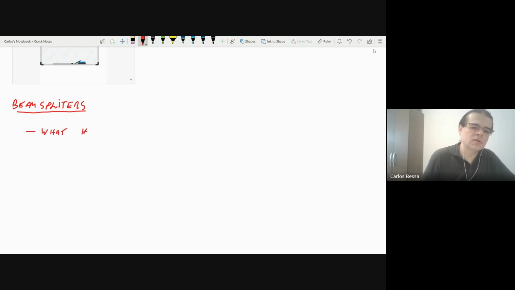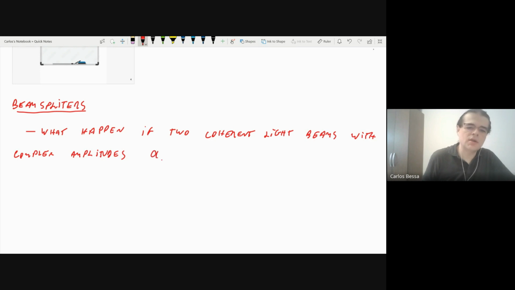What happens if two coherent beams with complex amplitudes, let's call A in for the ingoing beam and B in for the other ingoing beam, interfere?